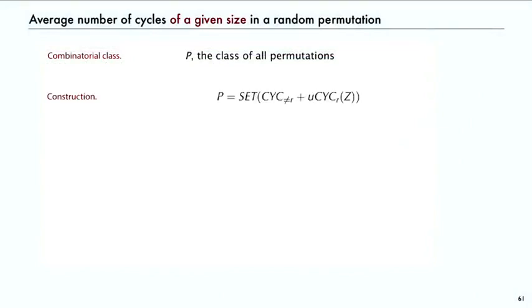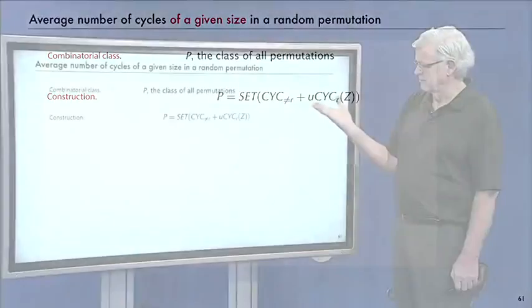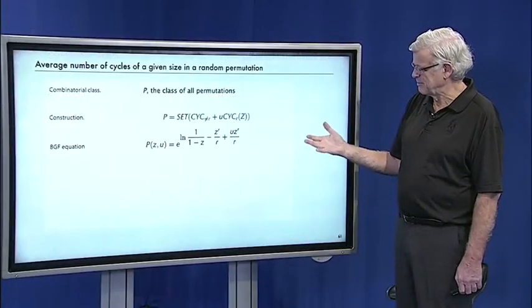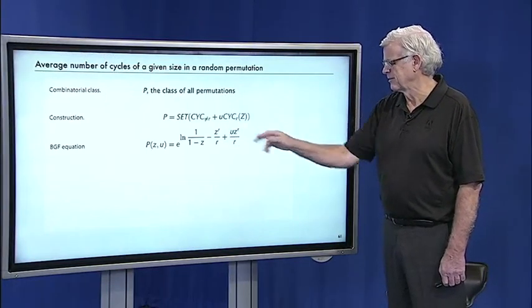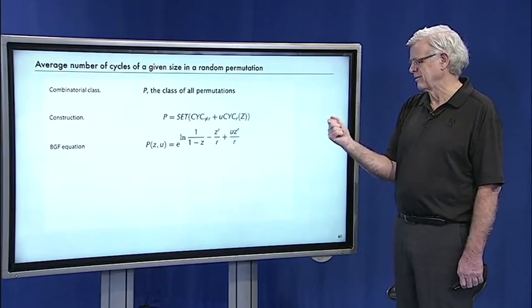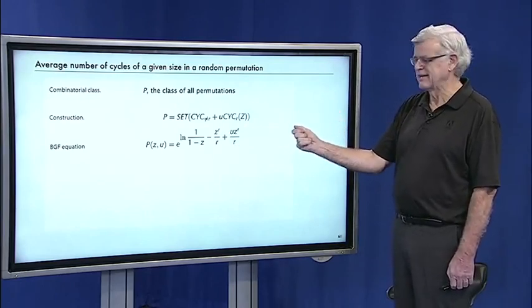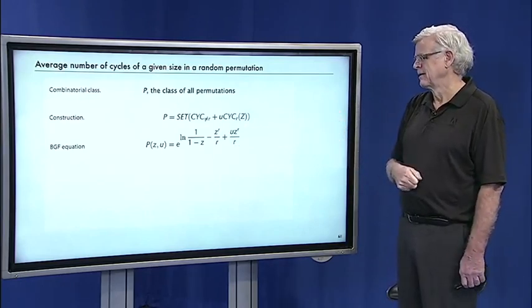So number of cycles of size r, well, it's a set of cycles that are not of size r, plus cycles that are of size r marked with the cost variable u. That's it. And so by transfer theorem, that immediately gives log of 1 over 1 minus z with the term for r subtracted off, and then added back on, marked with u.